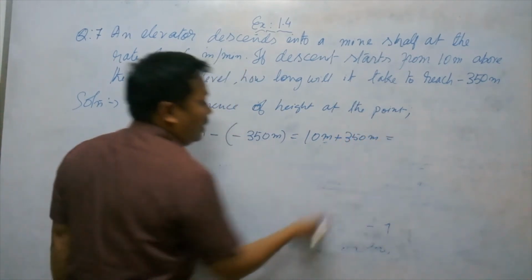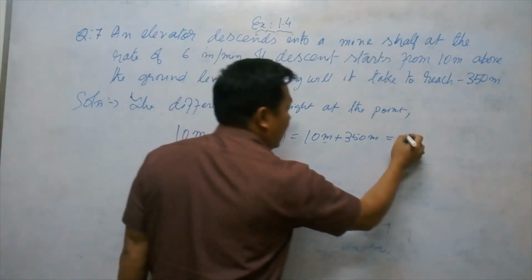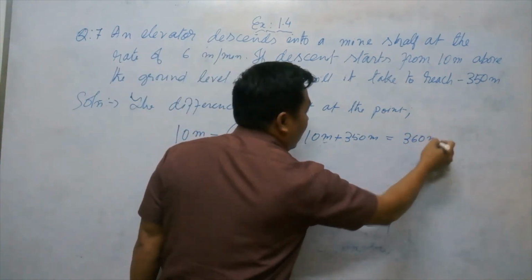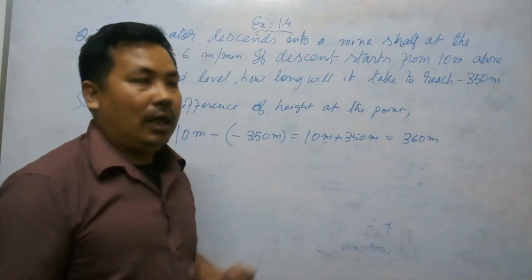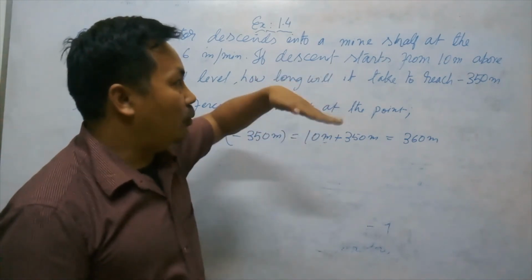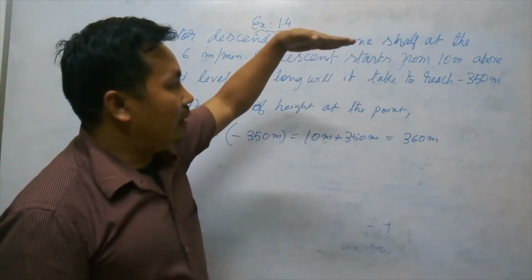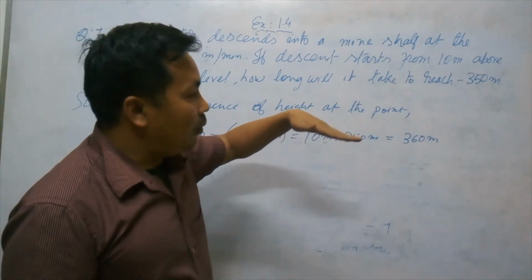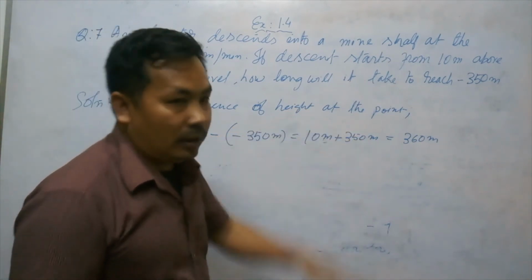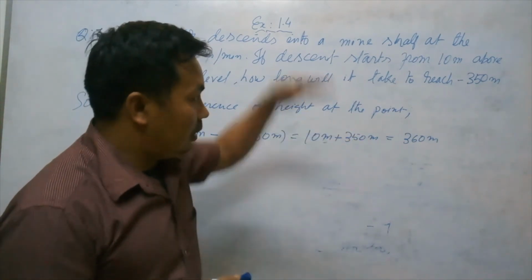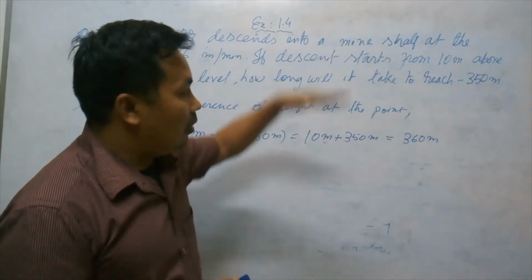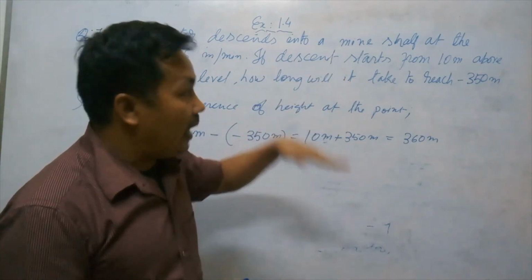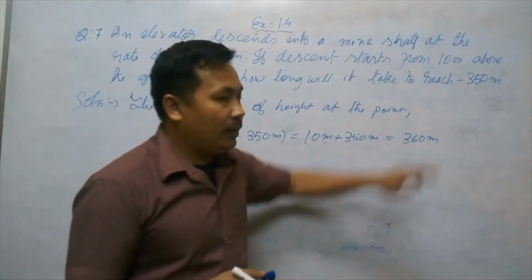At last the difference of the height we get is 360 meters. So 360 meters is the total difference of the height between these 2 points.